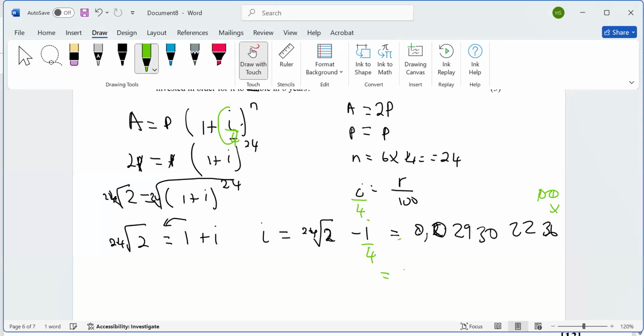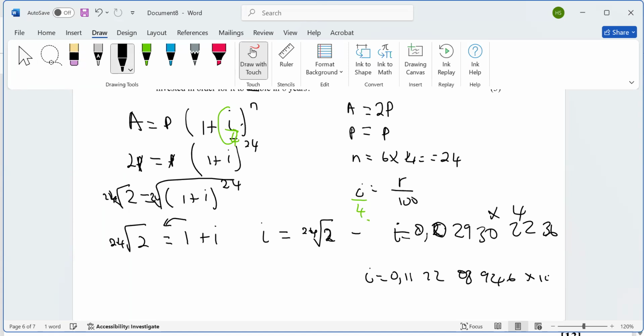I think we should be careful. Multiplied by 4 first, it should give you I equal to 0.1172720894946.